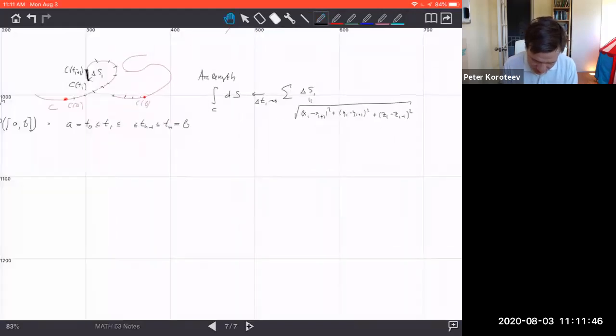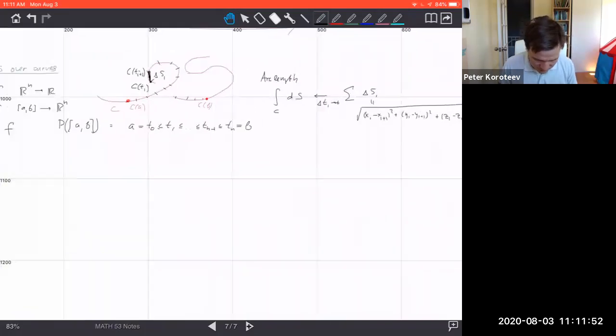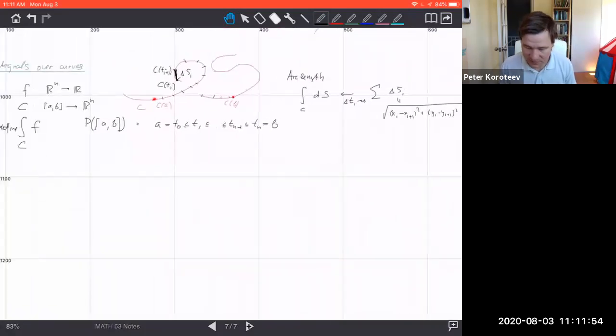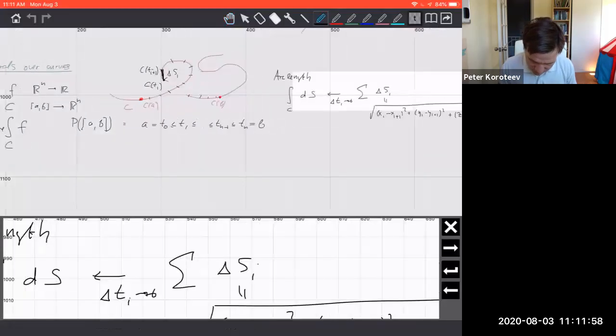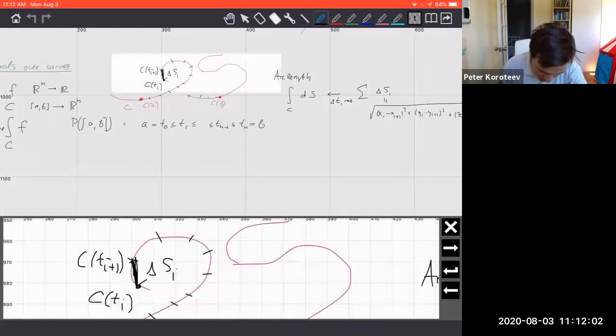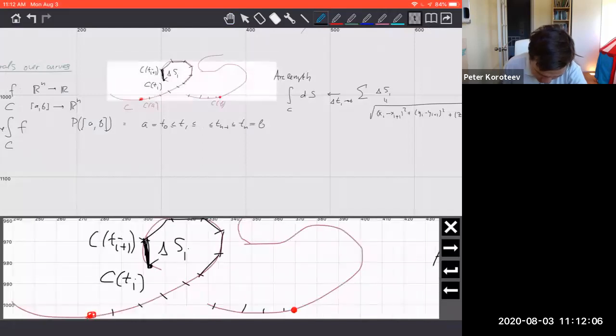This way we can calculate the arc length, the length of the piecewise linear curve obtained by connecting those points.